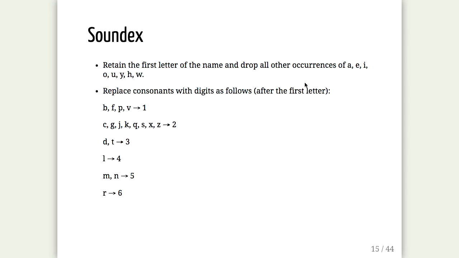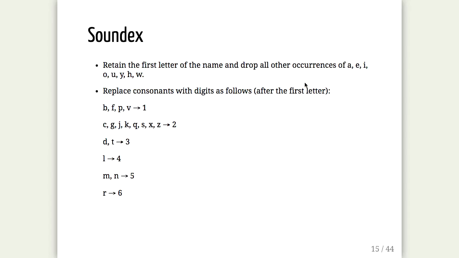OK. So next algorithm we look at is called Soundex. And this was actually developed in the 1920s, in fact, before computers. And what they did is they said, take the first letter of the word, so in Currajong it would be C, and then for the next 3 positions, remove any vowels that you have. And then if you've got a B, F, P, or V, replace it with a 1.